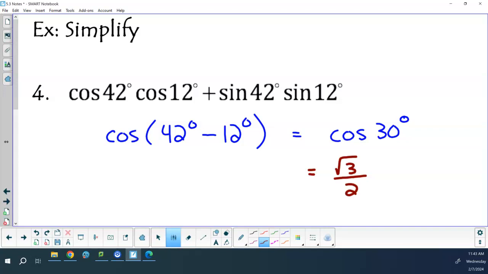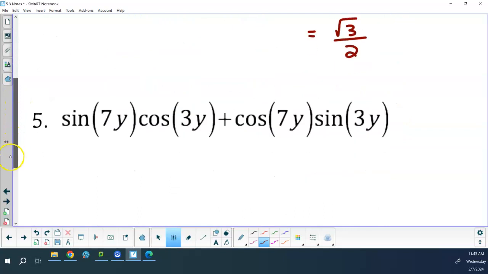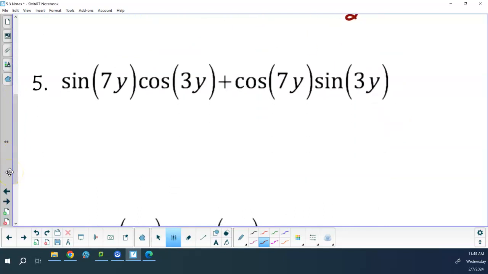Which one is sine, cosine, cosine, sine? Sine. So this is the sine of 7y blank 3y. Fill in the blank. Like cosine of 3y, sine of 7y. Is that what you're saying?